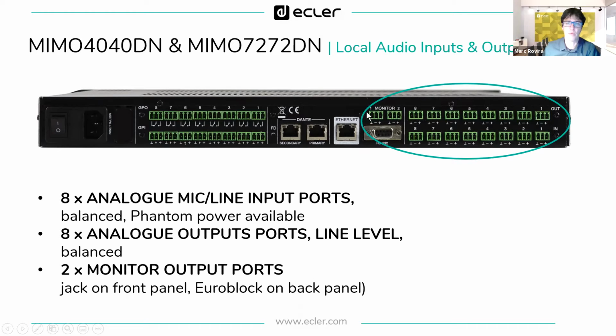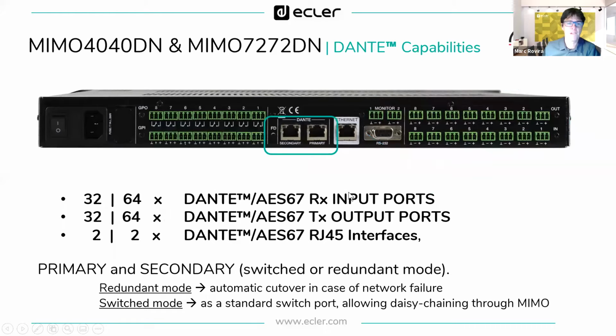Okay, we have monitor ports here in the back, we have a jack on the front. We have 2 Dante RJ45 ports, which are the primary and the secondary. Okay, so in the case of MIMO 4040, we have 32 channels going in and out. In the case of 7272, we've got 64 channels in and out.